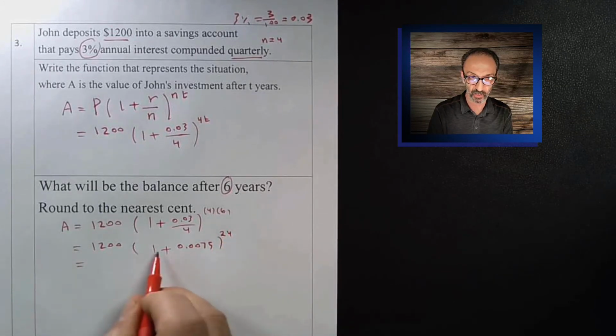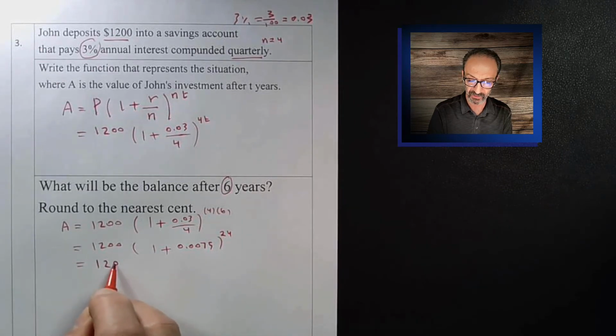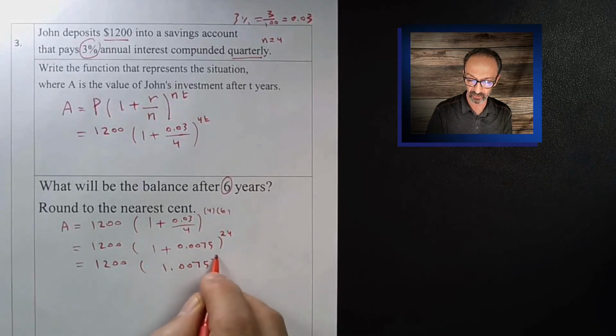We could write this as one number, easier to type when we calculate on a calculator. 1200 times 1.0075 to the power 24.